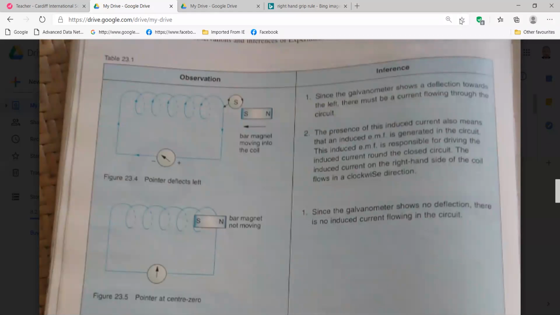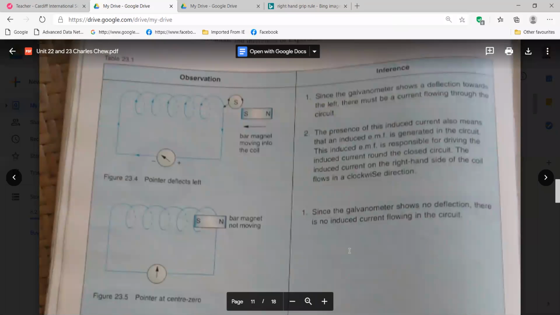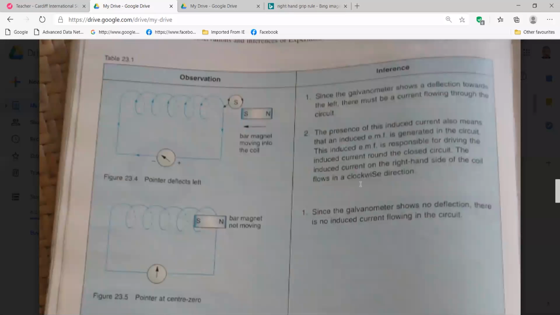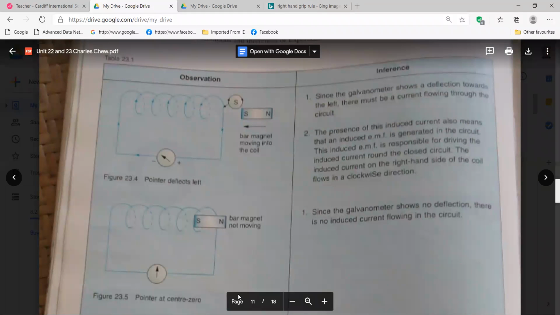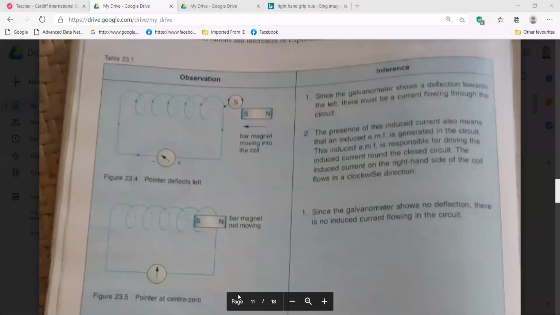And also we got the application of right hand grip rule in topic 22 for wires carrying current, straight wires or straight conductor. Can you remember that one, all of you? Yes, sir.